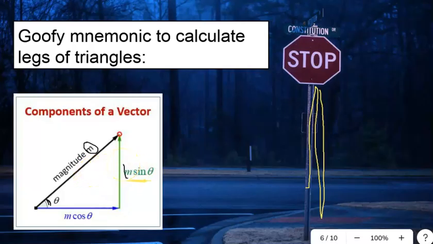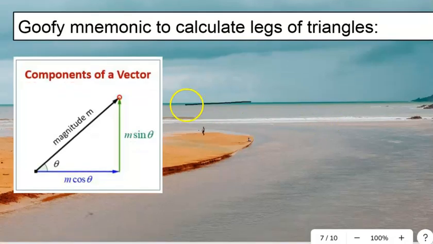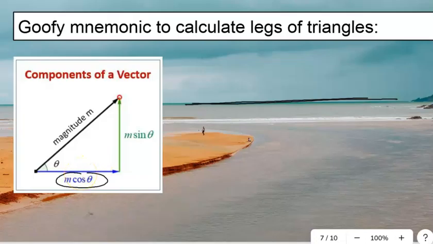But the vertical component is going to be F sine theta. The up and down component is F sine because stop signs are up and down. And then since coastlines are horizontal, your horizontal component is going to be F cosine of theta. That's going to work for you 99.9% of the time, all right?